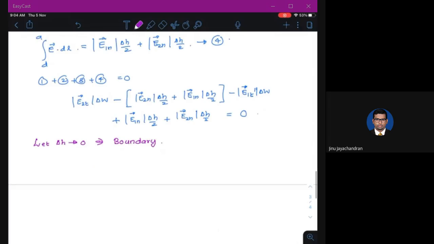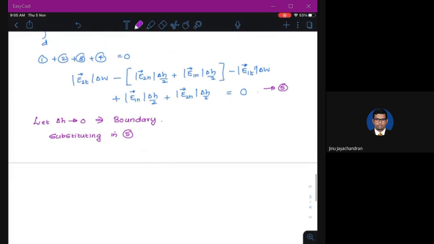So if you substitute delta h tending to 0 in this equation number 5, we will get E2t into delta W minus the magnitude of E1t into delta W is equal to 0.